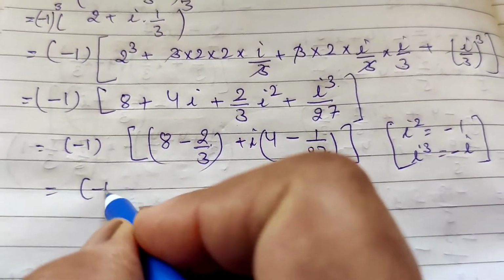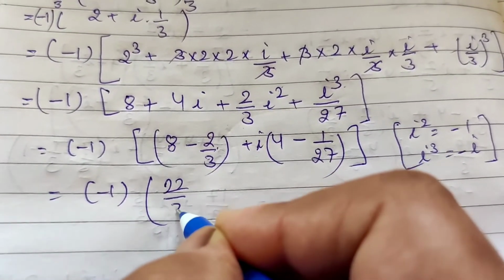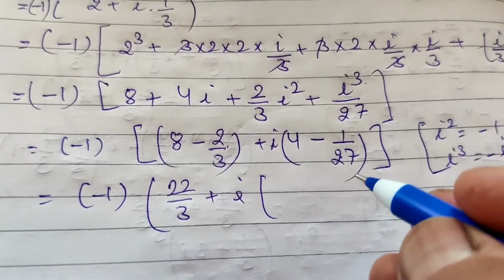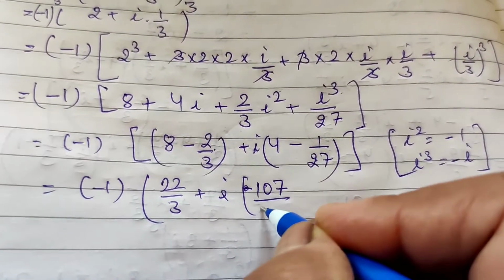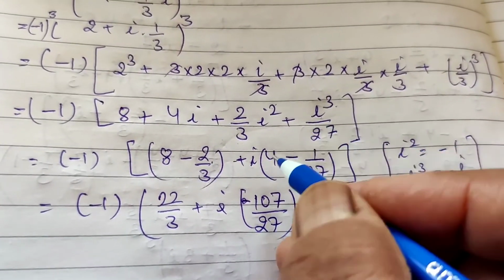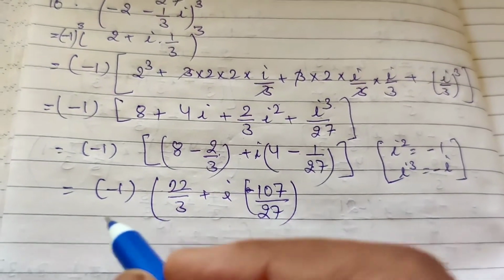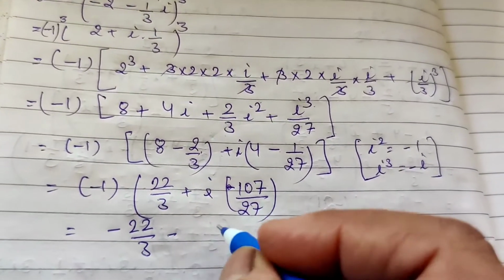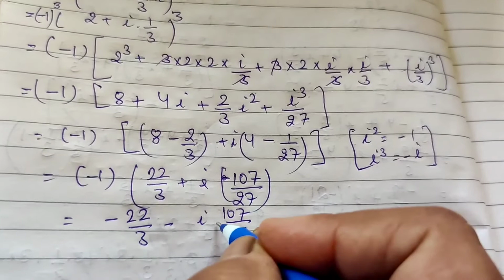Simplify. 24 minus 2, 22 by 3, and i, 108 minus 1, 107 by 27. Now multiply the minus 1, it is equal to 22 by 3 minus i 107 by 27. This is the answer.